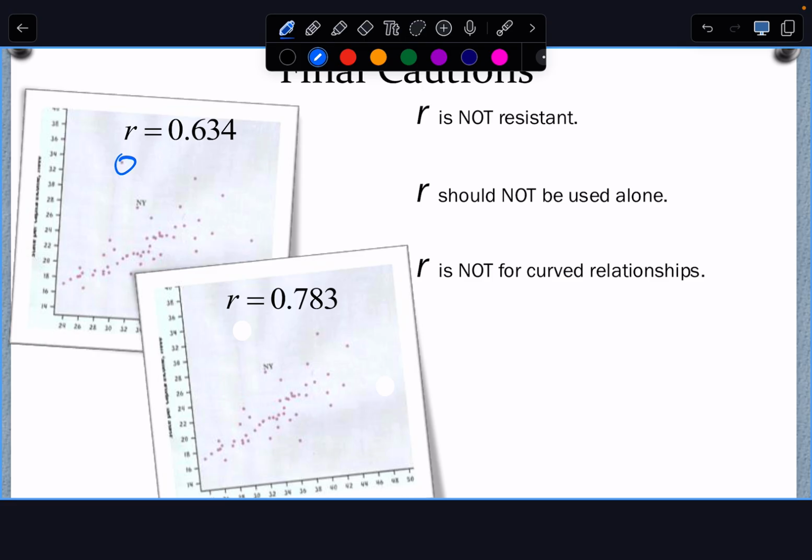Now, when I see a problem or outlier like this, so if that outlier is kind of towards the middle of my data set and it's way above or way below the other values, that means that when I go to calculate my correlation, this is going to have a very low z-score for x because it's in the middle of my data set. The z-score for x is going to be very low, possibly 0, which means this is going to weaken my association overall. It's going to make my value further away from my 1.